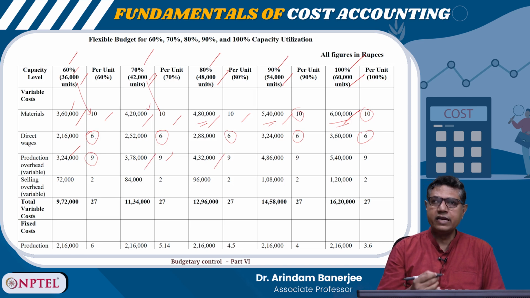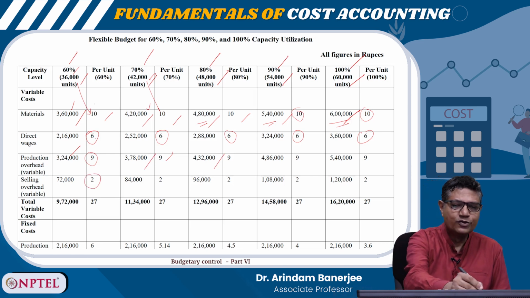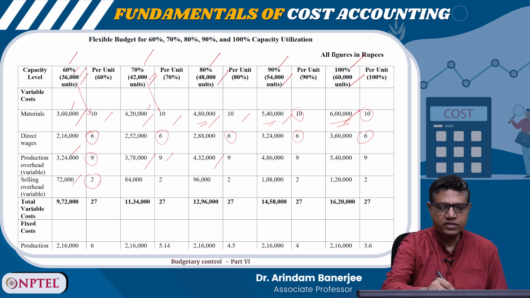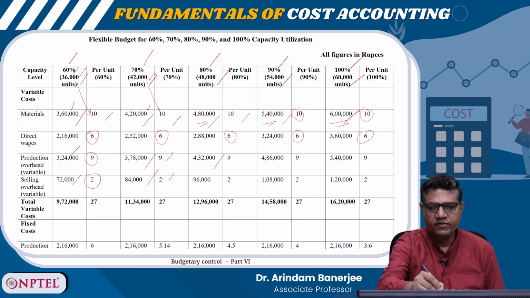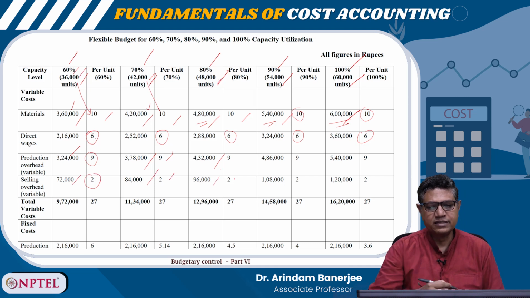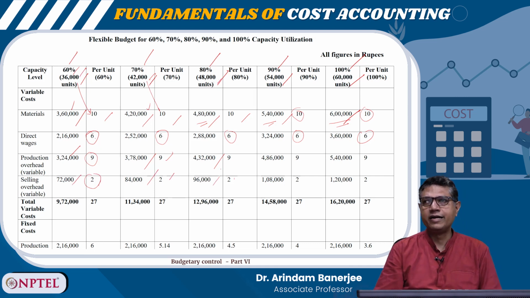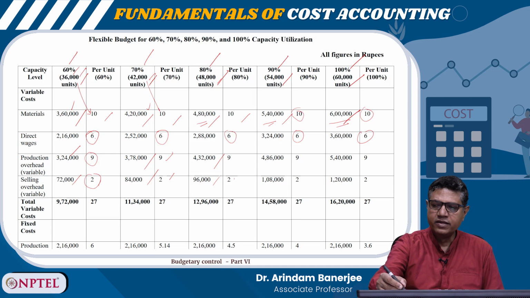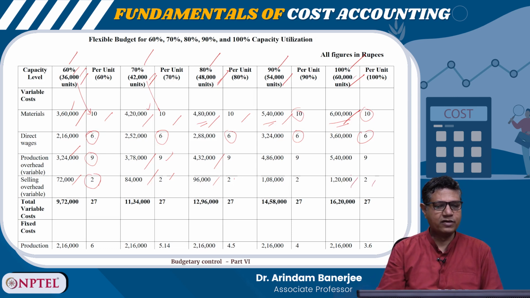Selling overhead, the variable portion is 2 per unit. So, 36,000 into 2, 72,000, 42,000 into 2, 84,000, 48,000 into 2, 96,000, we can calculate, right. Similarly, we can calculate for this also. So, 60,000 into 2, it is 1 lakh 20,000.